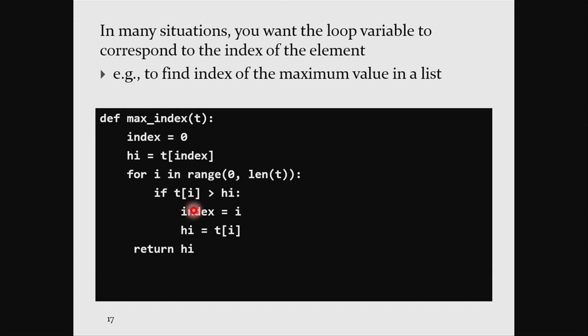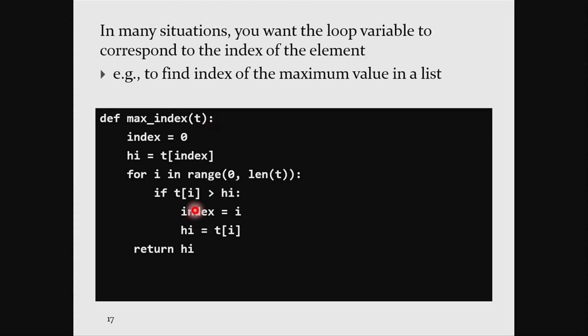You can think of this in Python as a loop that uses a counter: 0, 1, 2, 3, 4, 5, up to the length of the list. In Python, you use this handy thing called range. So for i in range(0, length t) gives you the sequence 0, 1, 2, 3, 4, 5, 6, up to length t minus 1, and those are all valid indexes for the list t.